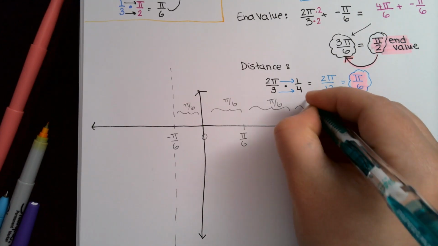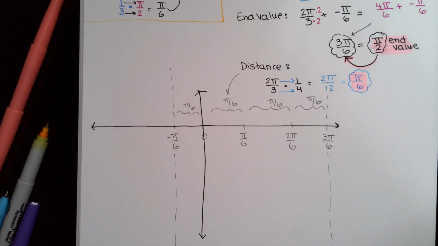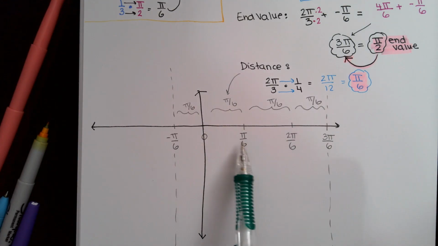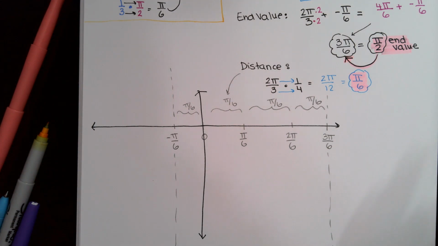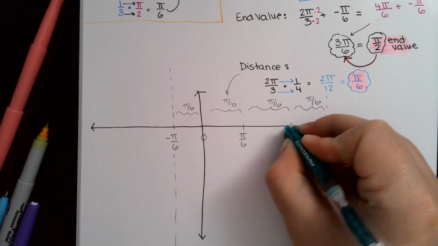And if I add another pi 6, I'm here. So using that 3 pi 6 temporarily will help us make sure that we have the correct values when we are adding for the distance. So we got 1, 2, 3 pi 6, it's good. Now, these are wrong. We do need to simplify. So this one will become pi thirds.